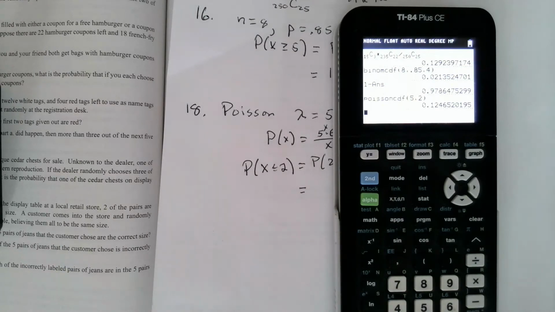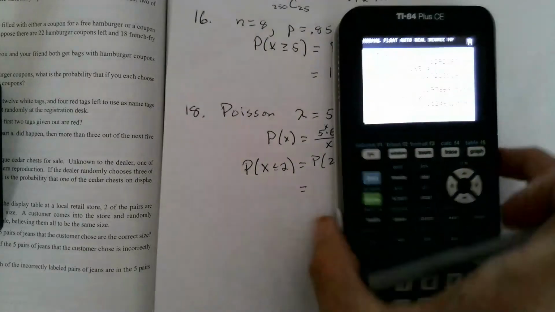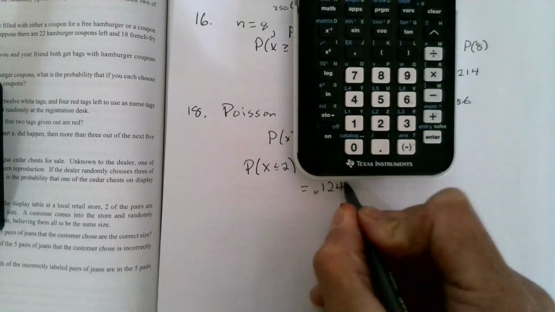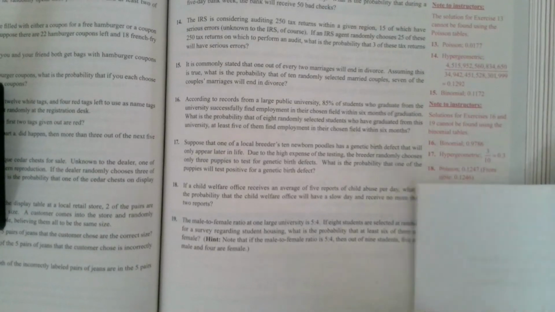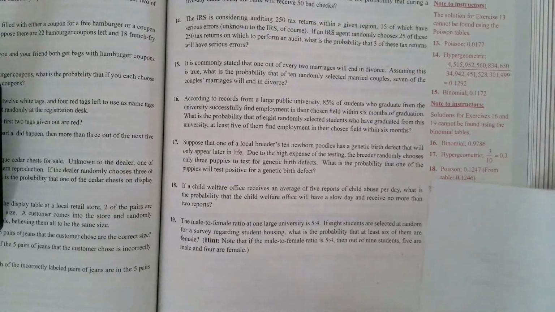And this should give us the right answer, 0.1247. So there's a good example for a Poisson problem. And the answer is correct, 0.1247.